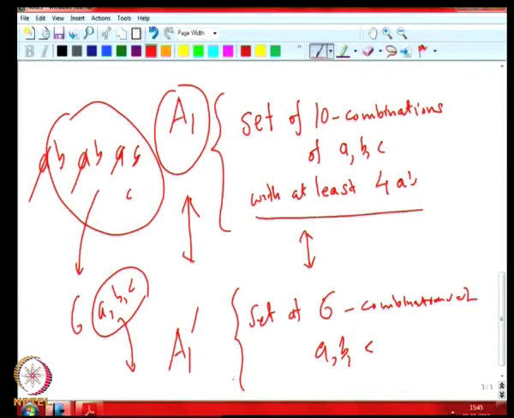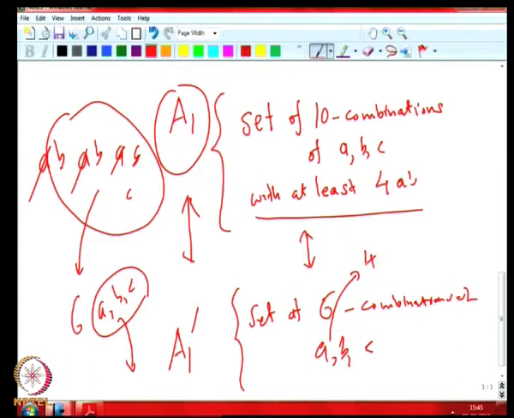Conversely, suppose you get a 6 combination of ABCs where there are A's and B's and C's, and the number of times A repeats may be 0 or 1 or whatever. What we can do is add 4 A's to it.